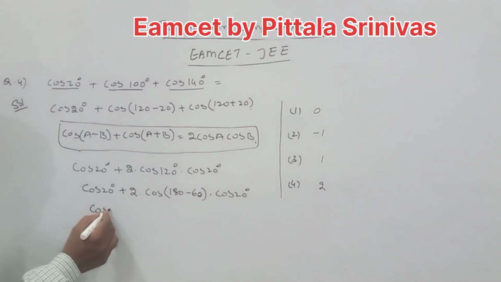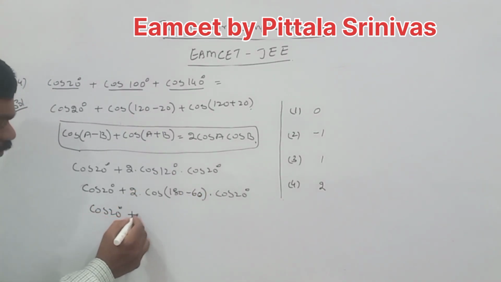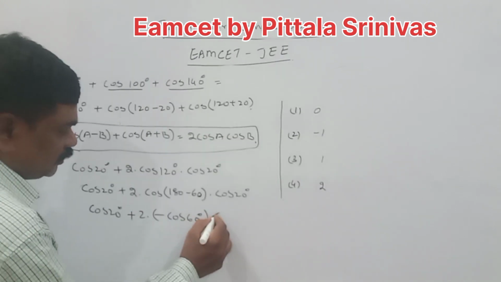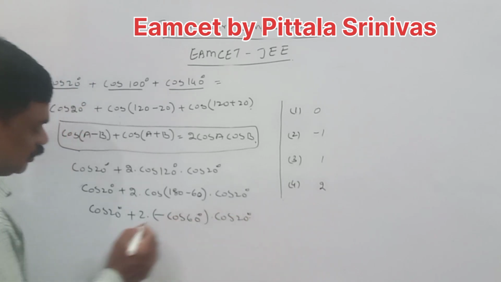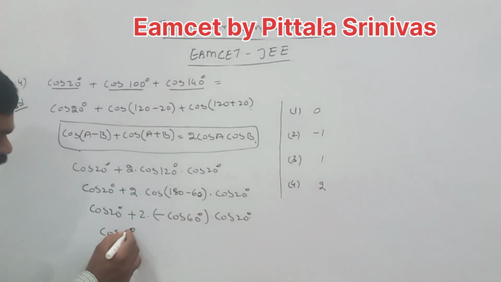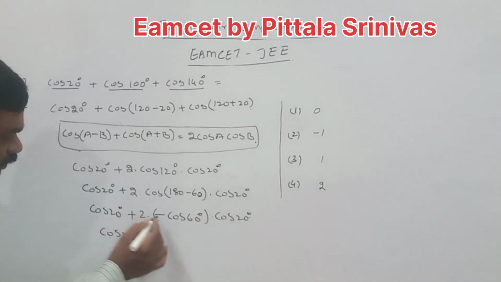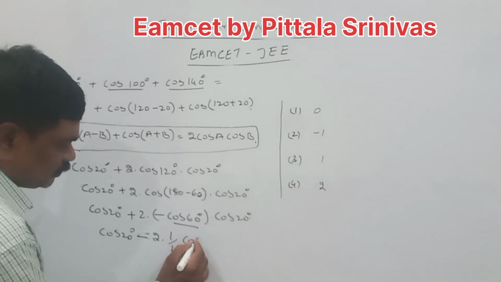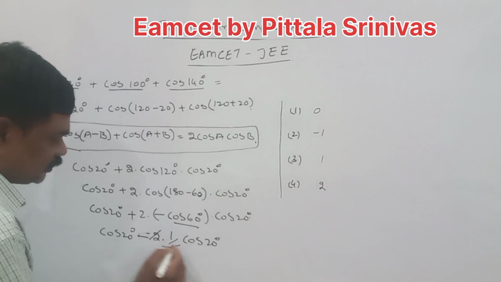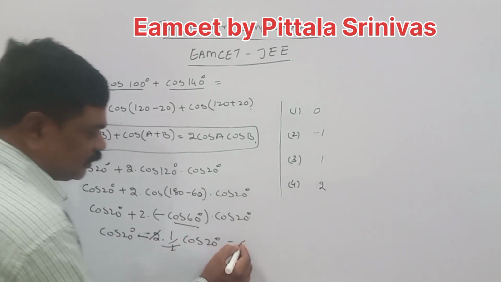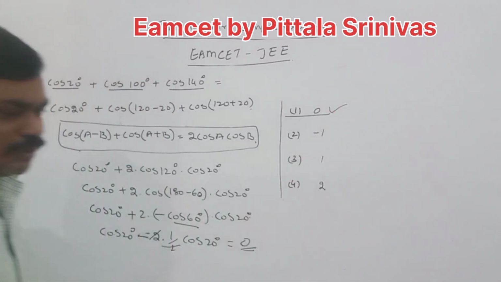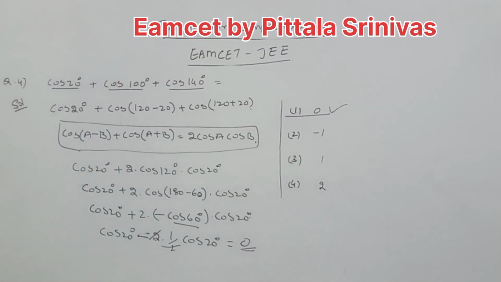So cos 20 degrees plus 2 into minus cos 60 degrees into cos 20 degrees. So cos 20 degrees minus 2 into 1 by 2 cos 20 degrees. Then cos 20 degrees minus cos 20 degrees is 0. So option 1 is the answer. Okay, all of you.